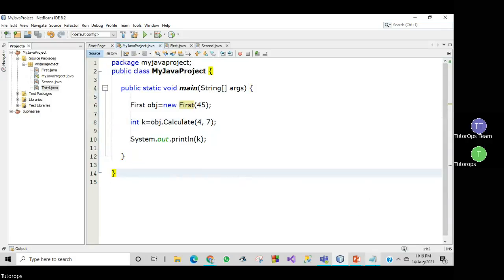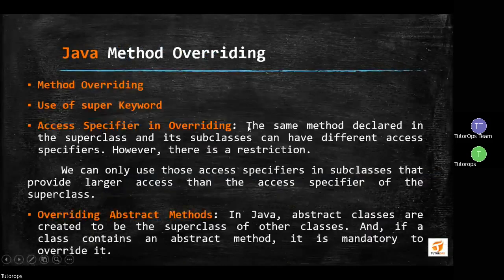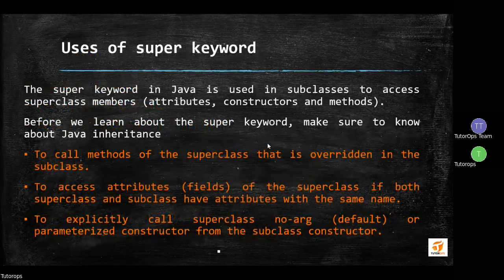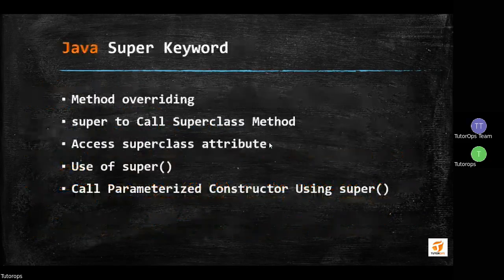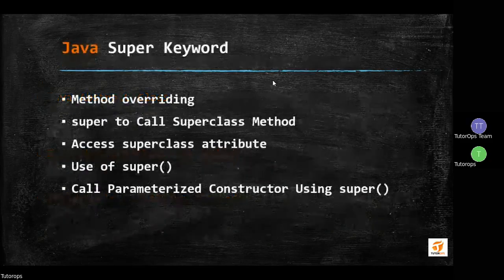Both I have discussed. Use the super keyword, that I already discussed, and access specifier override and abstract method. I'll explain the abstract. What is abstract? I'll give that example. Next.